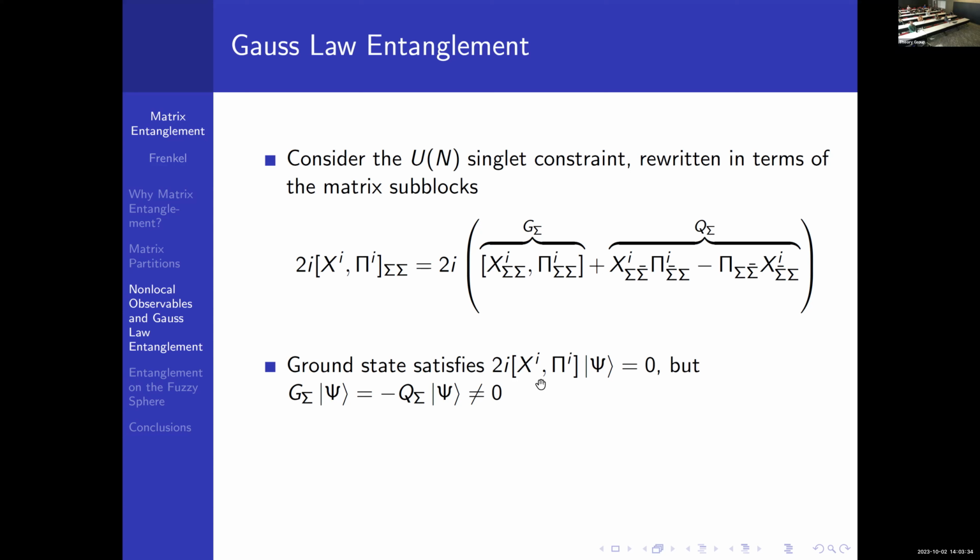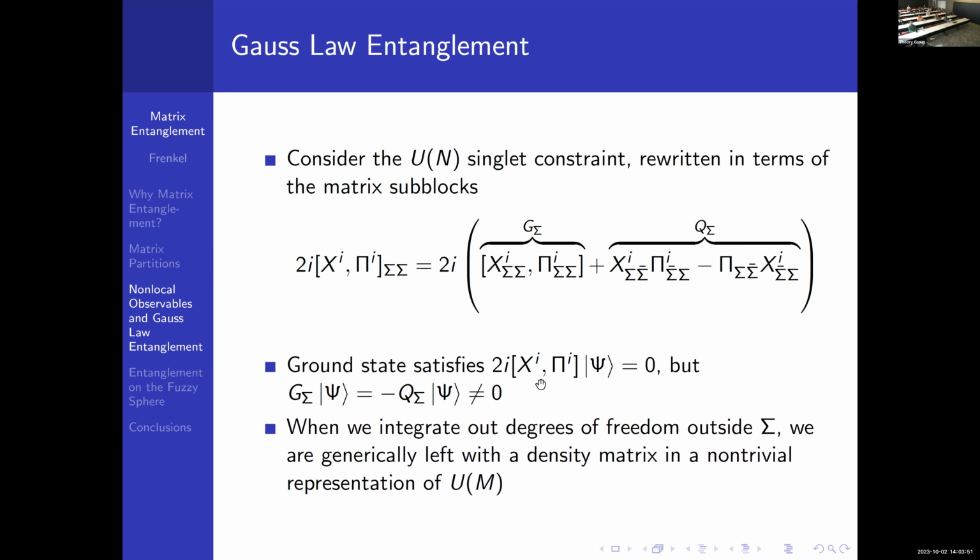So all the global generators annihilate any physical state psi, but this corresponds to relationships where G psi is equal to minus Q psi for this subgroup. And when we integrate out the degrees of freedom outside of sigma, so we integrate out, say, three of the blocks, we are generically left with a density matrix in a non-trivial representation of U(M).